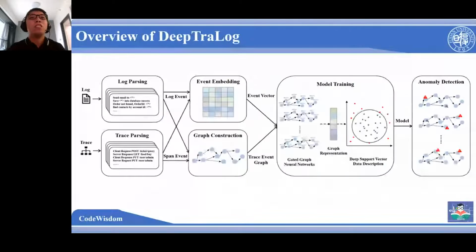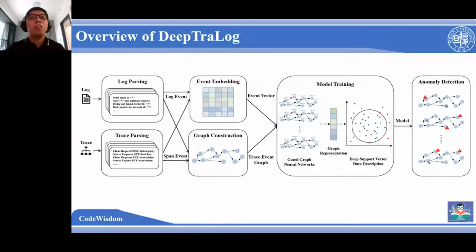And this is the overview of DeepTraLog. It includes 6 steps. The first 2 steps are log parsing and trace parsing. In these steps, we parse log and trace into log events and span events. And then we use GloVe and TF-IDF to embed span events and log events into event vectors. And we construct the trace event graph for each trace to represent the relationship between the spans and the log events of the trace.